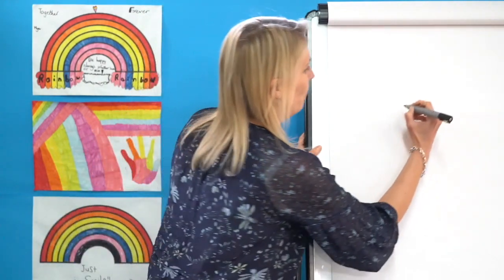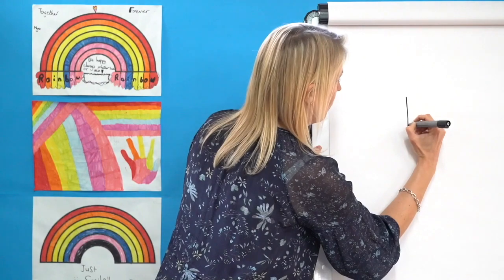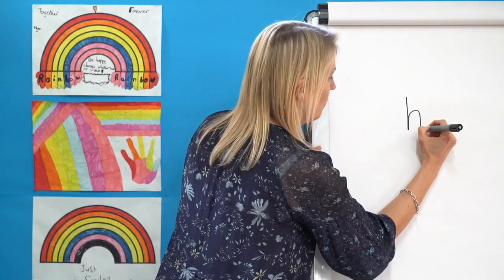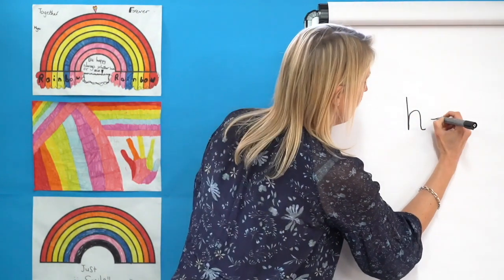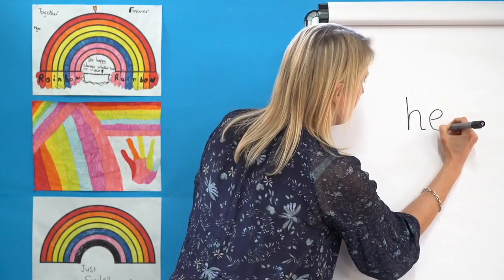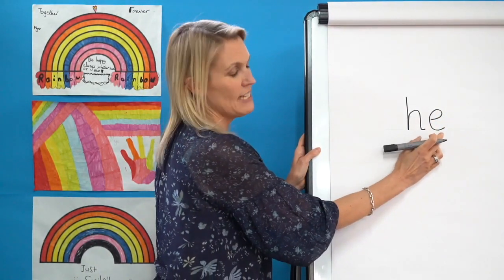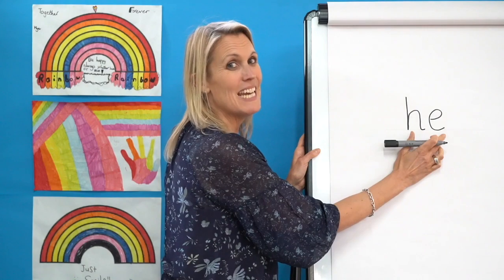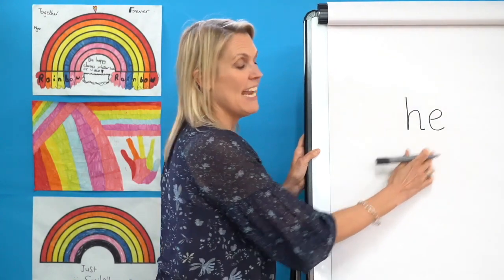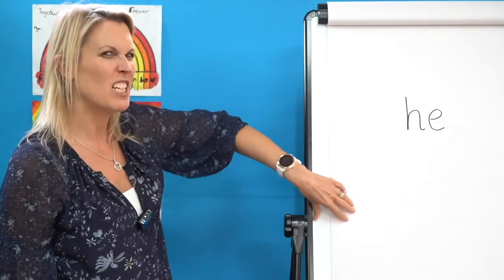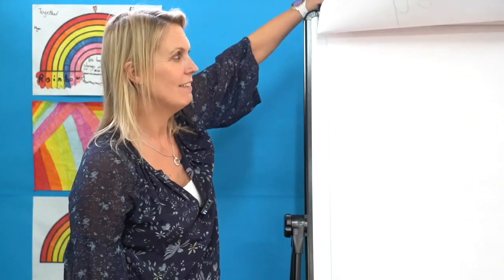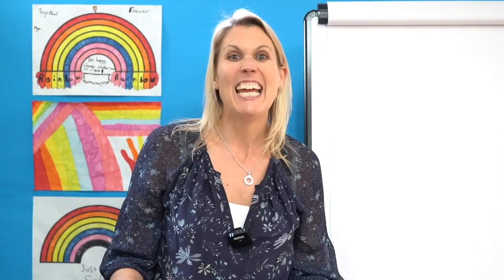Let's have a look. Here's the tricky bit. E. This letter is making the sound E. E, he. Have a good look, because I'm going to hide the word. Now you have a go. Say the word.